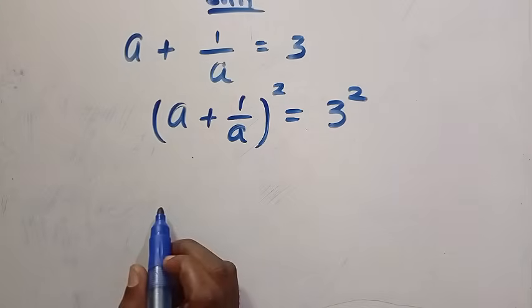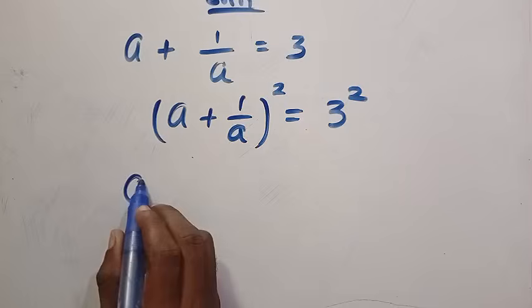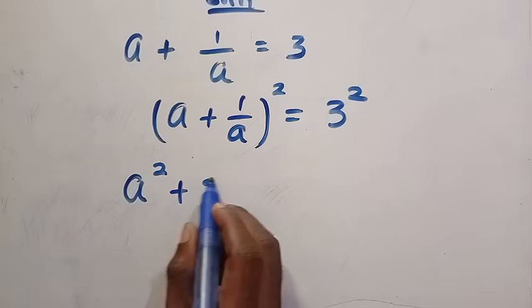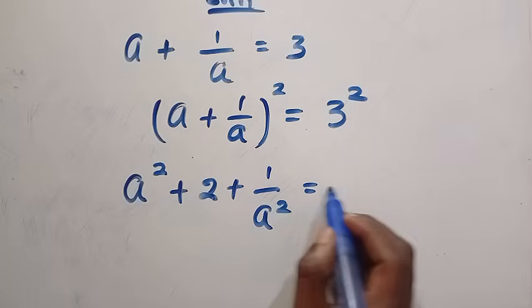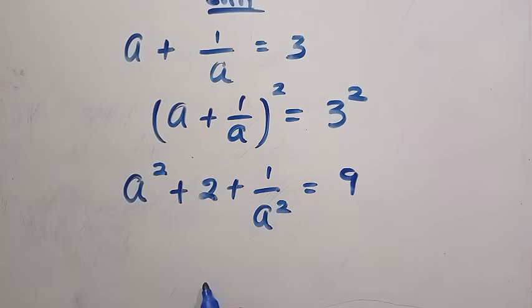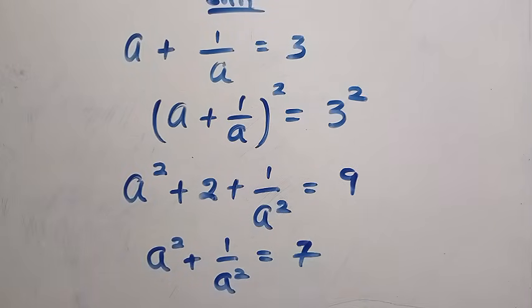Let's expand this out. By expanding this out, we have a squared plus 2 plus 1 divided by a squared equals 9. Then, taking 2 to the other side, we have a squared plus 1 over a squared equals 7.